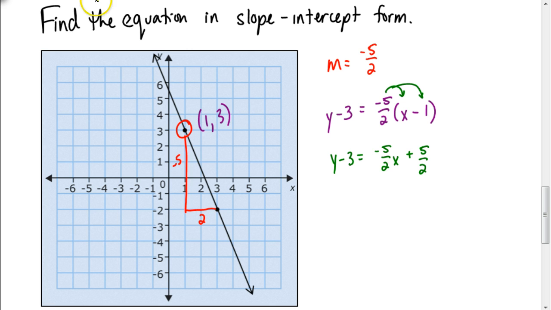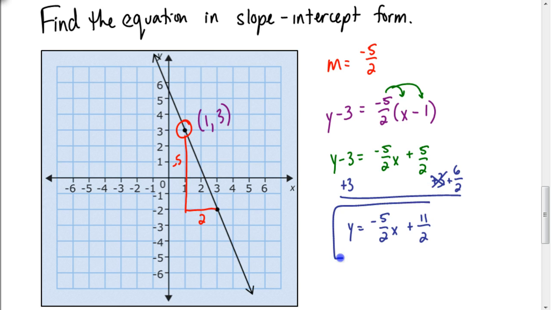And now we want to add 3 to both sides. So we end up getting y equals negative 5/2 x. But again, this 3, we can't add that to the 5/2 because it's not a fraction. So I want to change that to a fraction with a common denominator of 2. So multiply the 3 by 2 and you get 6. So we're going to add 6/2 here, plus 5/2 would give us 11/2. And there's your answer.